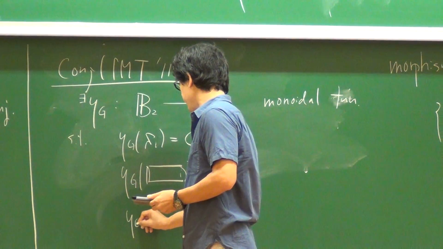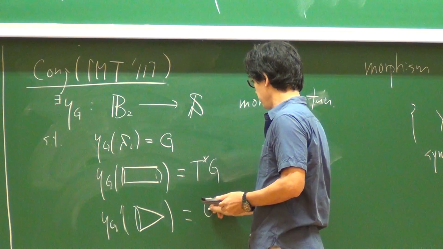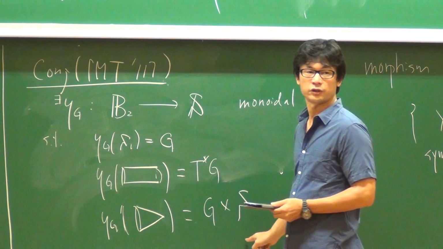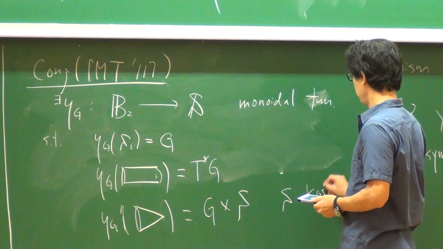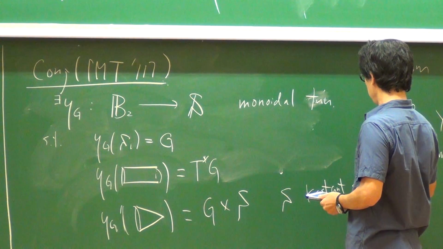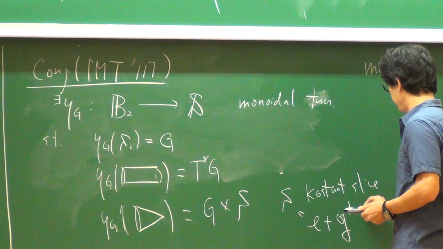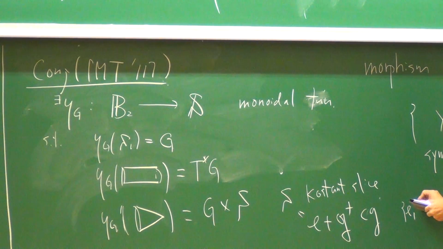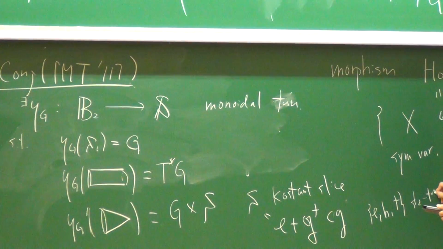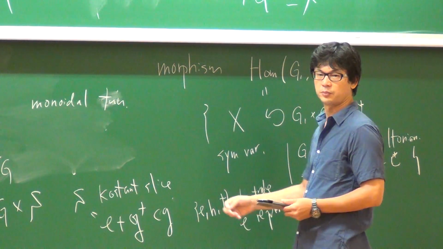Also, another property is that the cap goes to G times the so-called Slodowy slice S, where S equals the Slodowy slice, which is e plus the centralizer of f, which sits in g. Here I fix an sl2-triple such that e is regular, so principal.